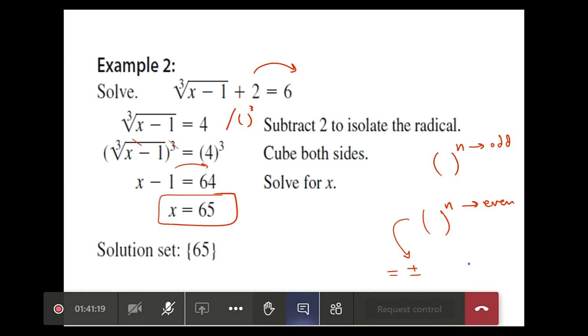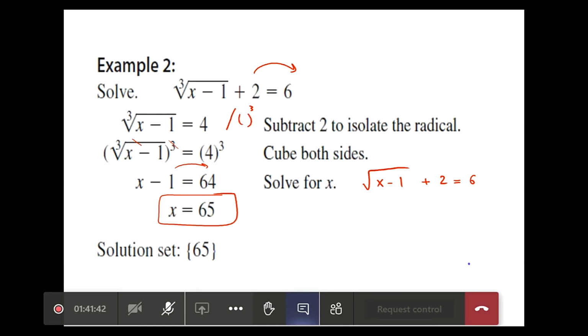In general, this is for if we need to find the radical for both sides. In general, sometimes, look at this example. Radical x minus 1 plus 2 equals negative 6.